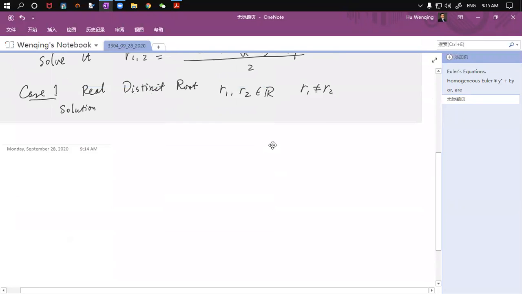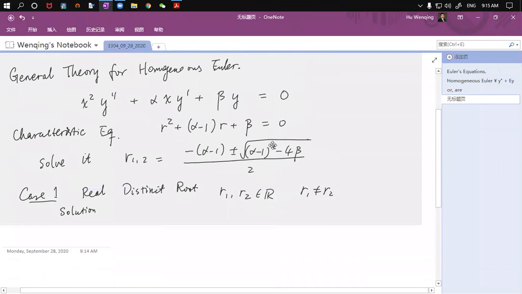With this general theory at hand, we can start to talk about the solutions when you have real distinct roots. The solution is y1 of x equal to x to the power of r1, and y2 of x is equal to x to the power of r2.